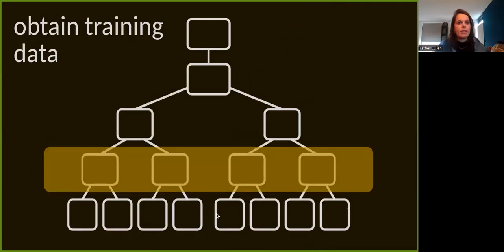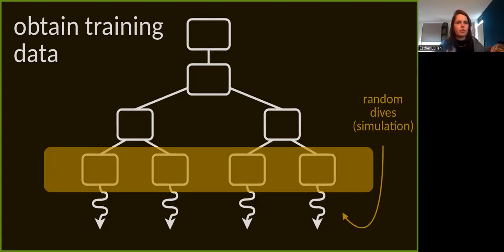Okay, and then the training data. If you would have known the entire tree, which is too much, of course, because it's not possible, then it would have been easy to label the success probabilities of each node. So then you would know how good it would have been to traverse through this node if you would have known the entire tree. But this is of course not possible. So what we do is we stop at a certain level and then do some kind of Monte Carlo tree search approach to determine the success probabilities of the nodes in this level.